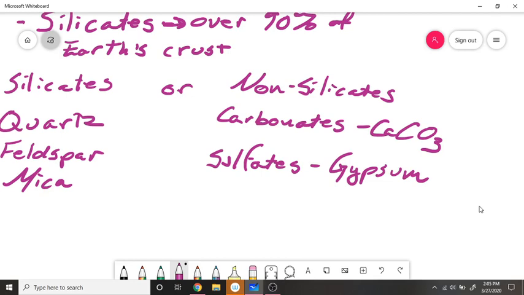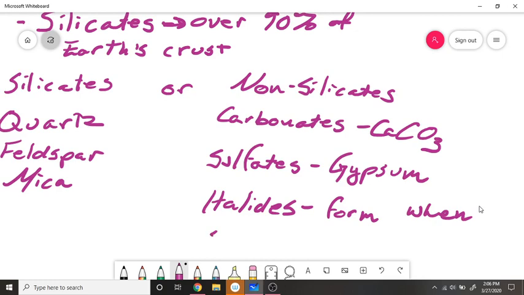And halides. These are found on the ocean floor. They form when seawater evaporates.